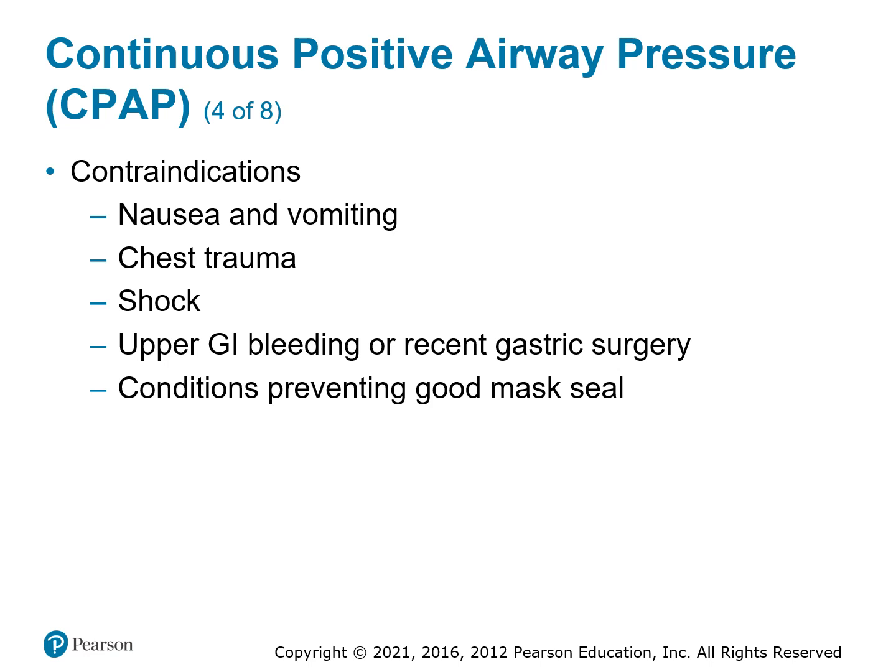Now, if they are maintaining their airway and they are conscious and fine, they are going to be able to prevent that themselves. However, if they do have that recent upper GI bleed or gastric surgery, that positive pressure can pop those stitches or make the bleeding restart or recur, and we don't want to do that.